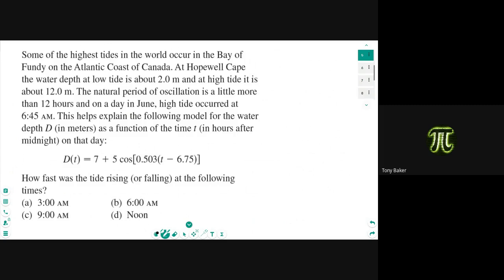So how do we find the derivative of this? Have to do the chain rule. Let's go through and do this.